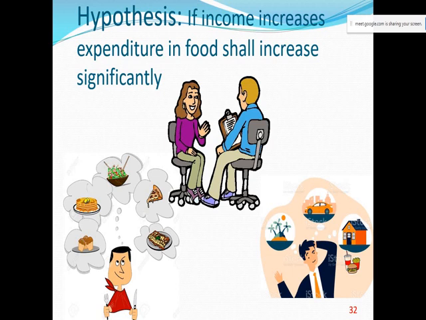There will be an increase, but that is very marginal. People will purchase more, or expenditure will be more, on luxurious items. For example, think about yourself also. If your salary increases by 20,000, it is not that you will go and purchase big fishes from the market. You will think about how this money can be invested in purchasing some other luxurious items. So this particular theory is also there.